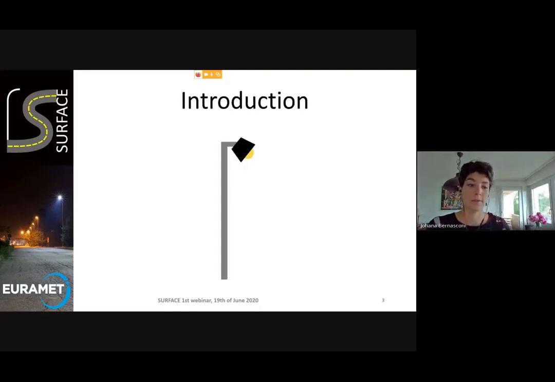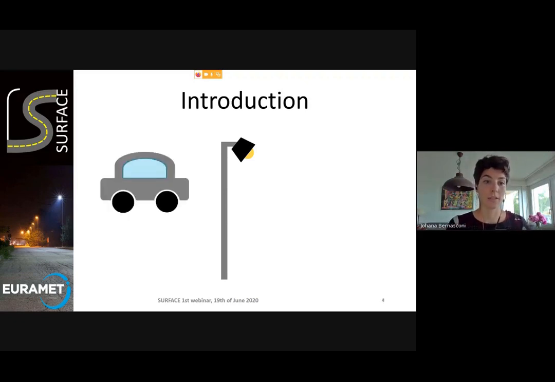So first, when we want to light a road, we have to take into account, obviously, the user. So we can think about cars of different sizes that will be driving at different speed depending on the location.